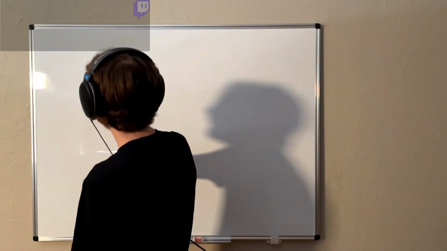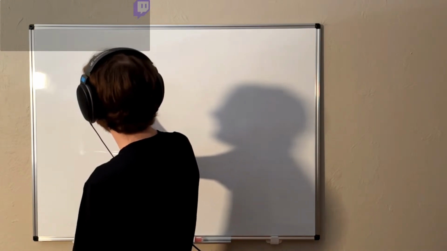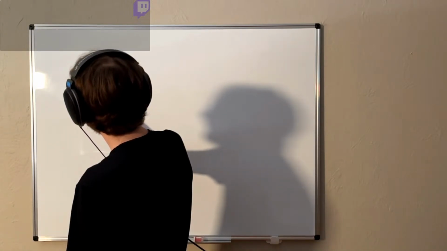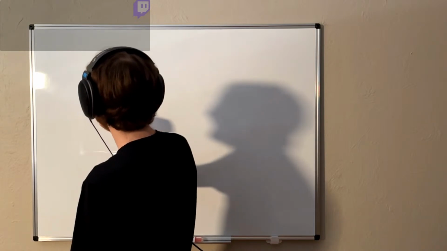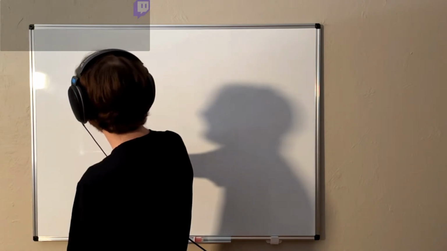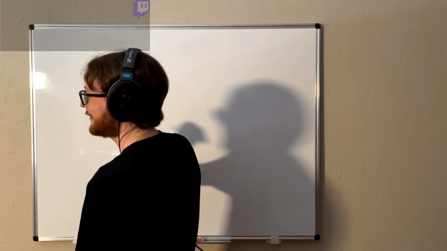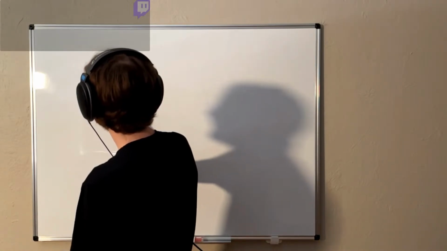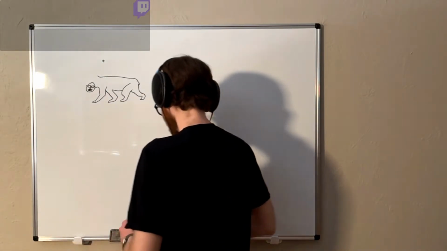Just draw a circle. We have to start somewhere, right? How do you draw a growling face? There we go. That's not terrible, right? So far?